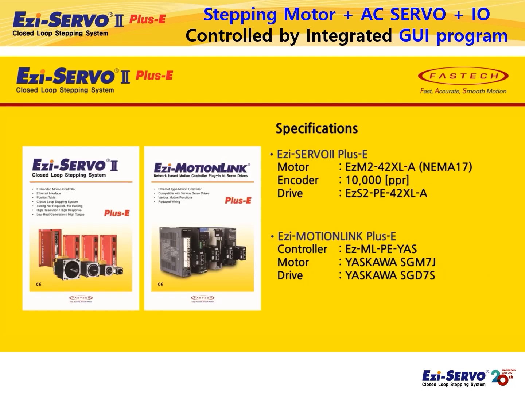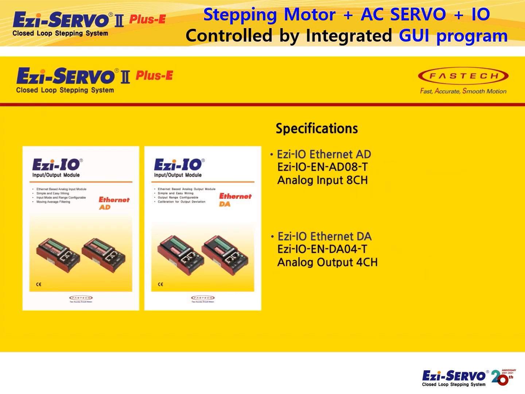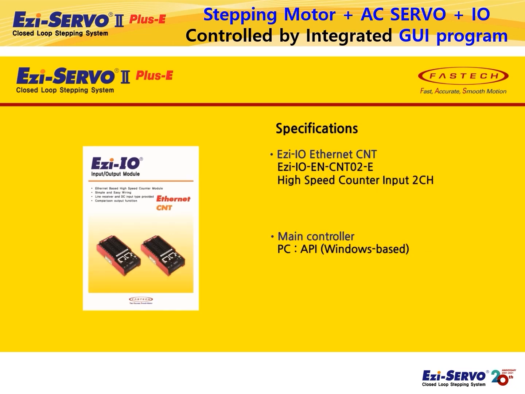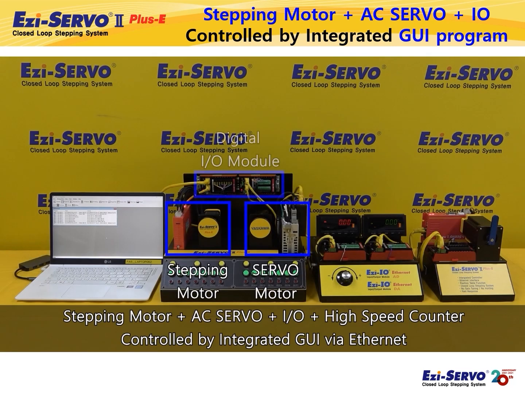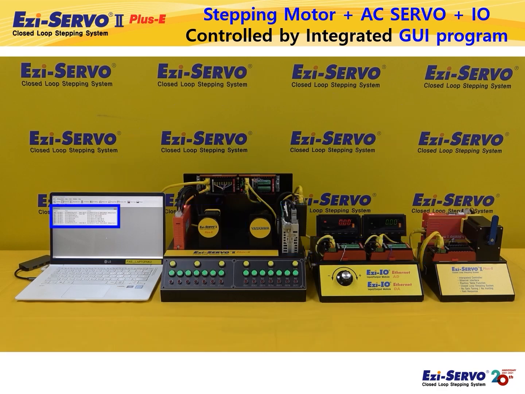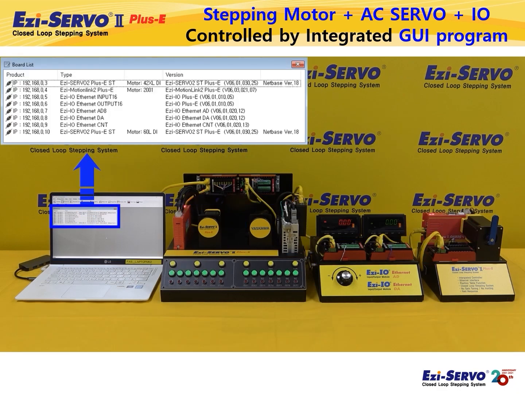The products used in this demonstration are as follows. You can check 8 Ethernet products of FASTECH on the board list window.